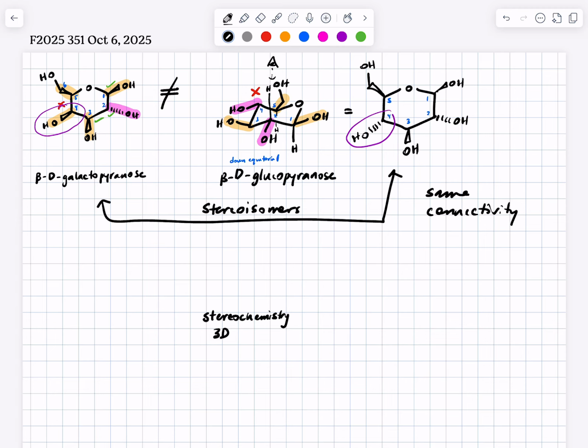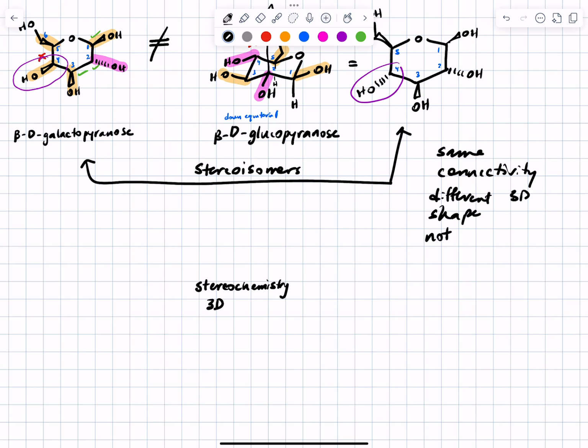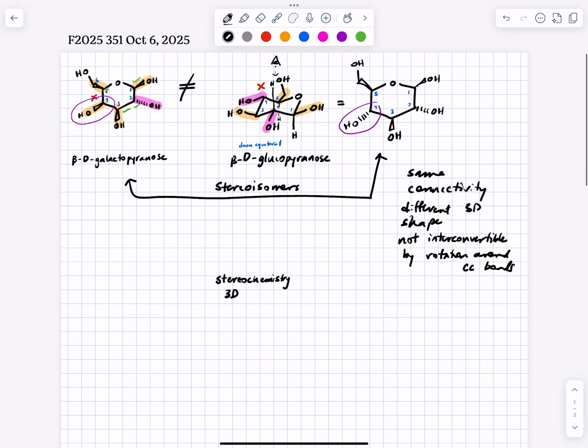Atom by atom, everything's bonded to the exact same things, but different 3D shape. And importantly, stereoisomers are not interconvertible by rotation around carbon-carbon bonds. Okay? That's something that's going to come up a little bit.